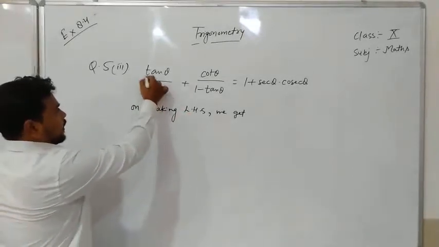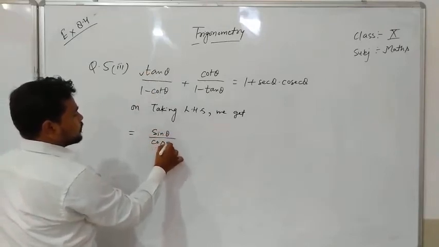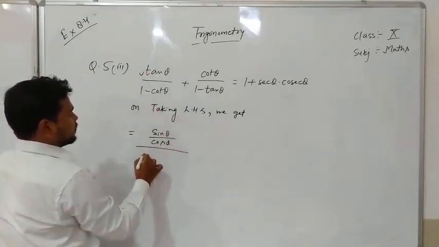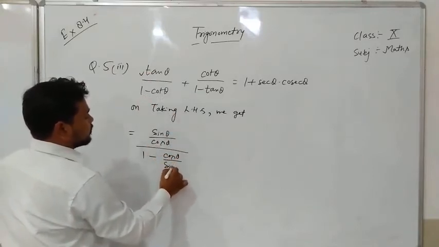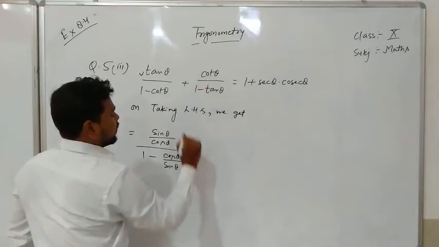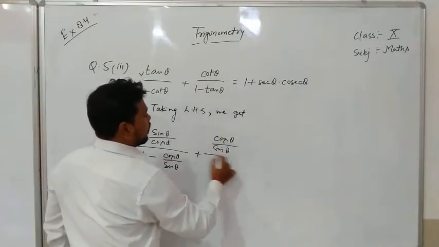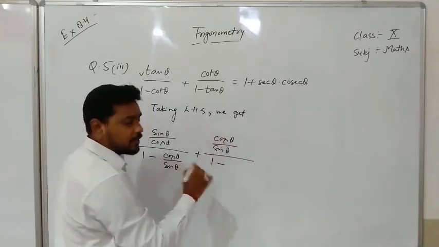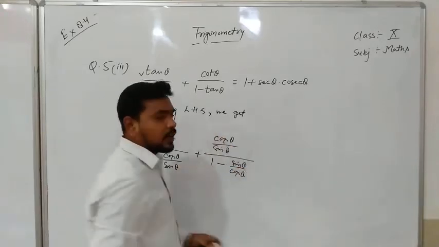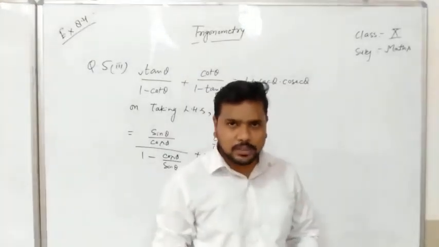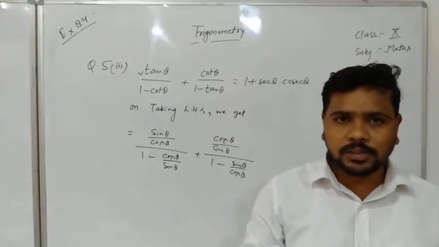So tan theta is written as sin theta upon cos theta upon 1 minus cot theta, which is written as cos theta upon sin theta, plus cot theta is written as cos theta upon sin theta upon 1 minus tan theta, which is written as sin theta upon cos theta. You know very well that tan theta is equal to sin theta upon cos theta and cot theta is equal to cos theta upon sin theta.